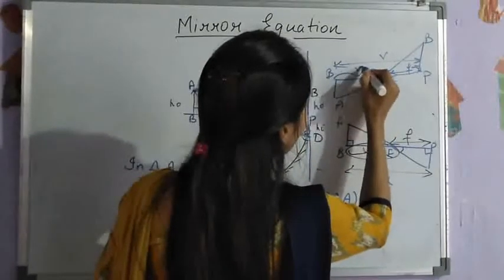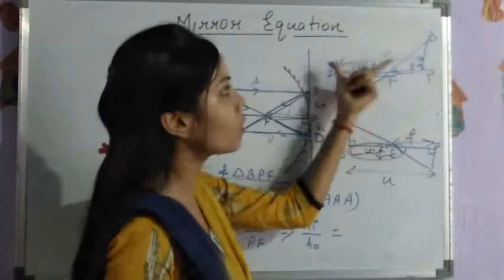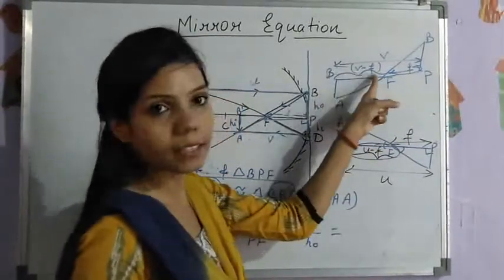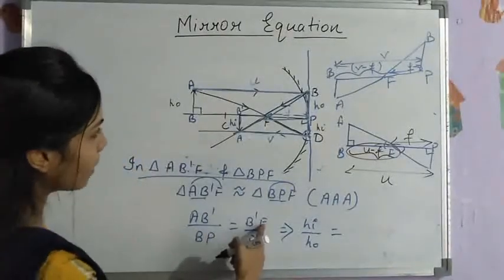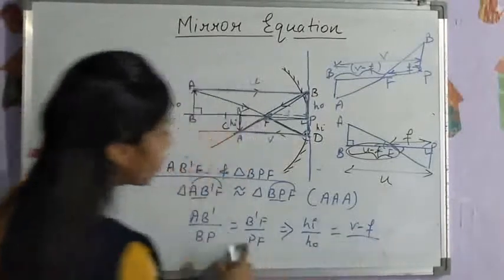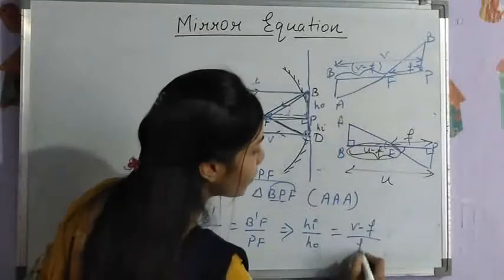This will be V minus F, right? So if this whole distance is V, this is F, and this distance will be V minus F. So instead of B'F, we will write V minus F. And what is PF? PF is our focal length. So here we will write F.